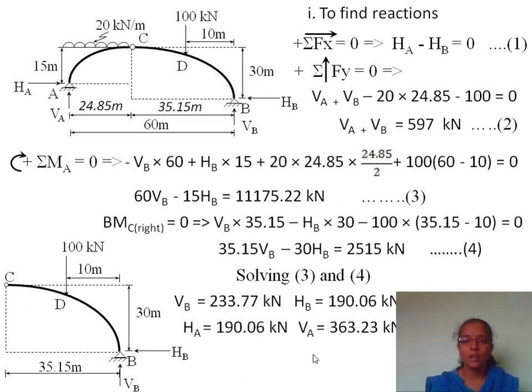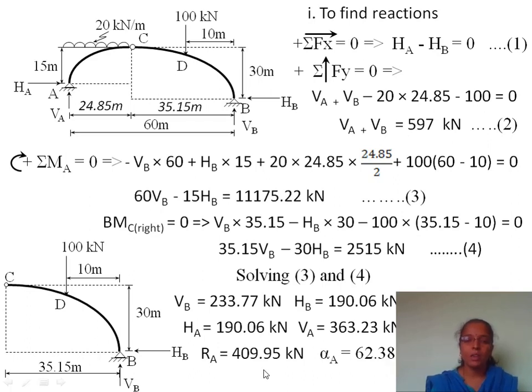Now the net reactions are calculated using RA equal to root of VA square plus HA square. That gives a value of 409.95 kilonewton, and alpha A, the angle made by RA with respect to horizontal, is given by tan inverse of VA by HA, which gives an angle of 62.38.